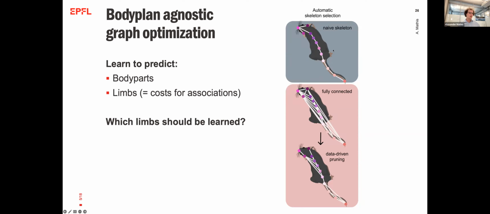Now, in order to assemble the individuals, you need to satisfy one thing. For any two body parts in an individual, you need to have a connection in your skeleton that can propagate the identity from one body part to the other one. If you don't have this, you cannot assemble the individual.